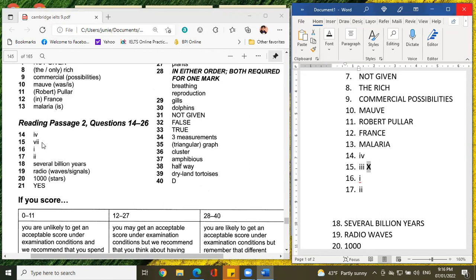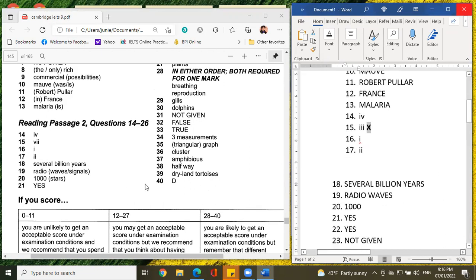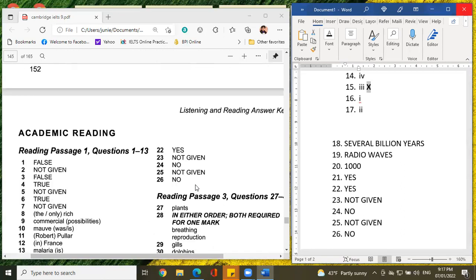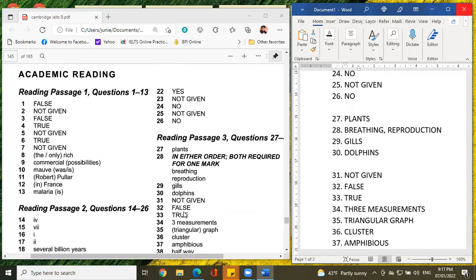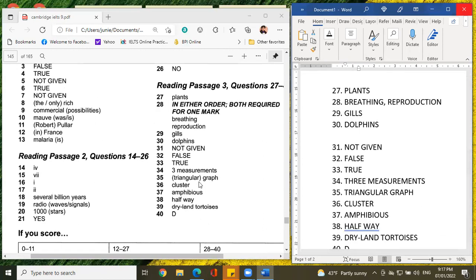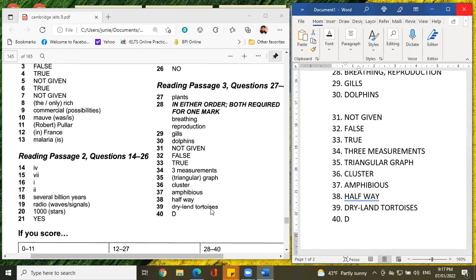I mean, seven. Okay, several billion years, radio waves, 1,000. Yes, yes, not given. No, not given. No. Plants, breathing, reproduction, gills, dolphins. Not given, false, true. Three measurements, triangular graph, cluster, amphibious, halfway, dry land.